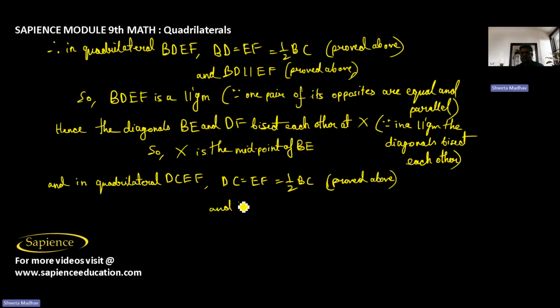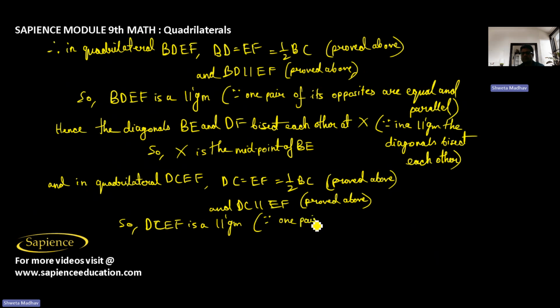And obviously DC is parallel to EF, which is also proved above. So I can say that DCEF also is a parallelogram, since one pair of its opposite sides are equal and parallel.